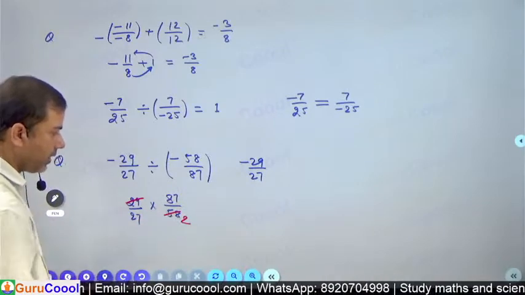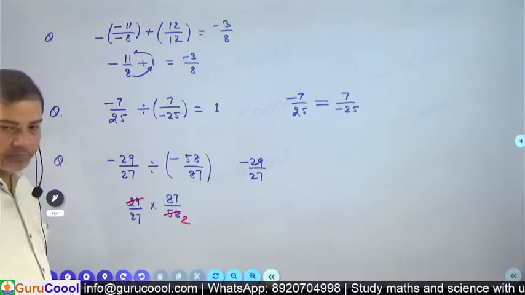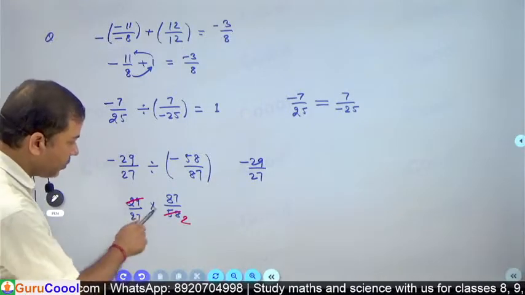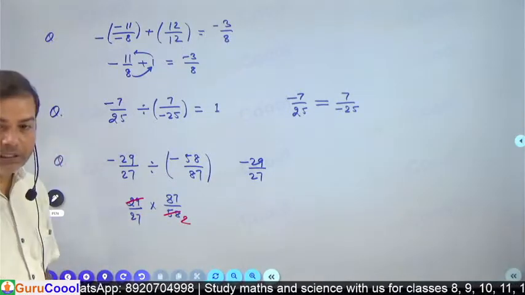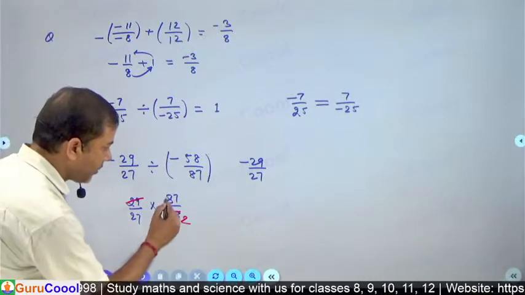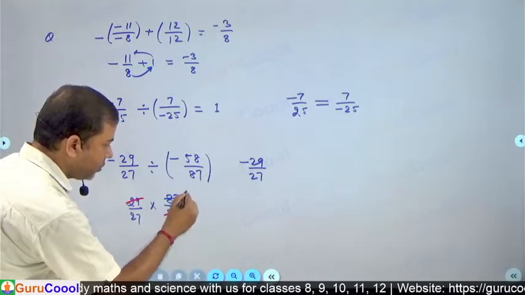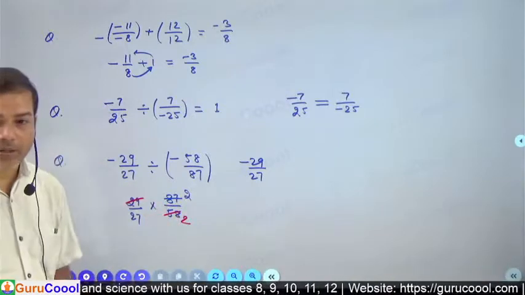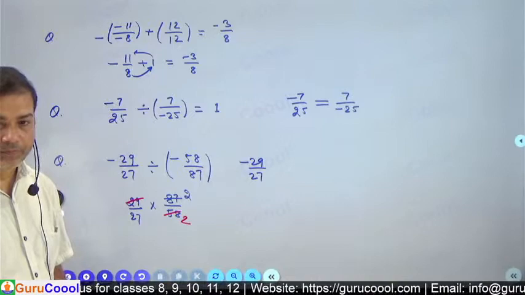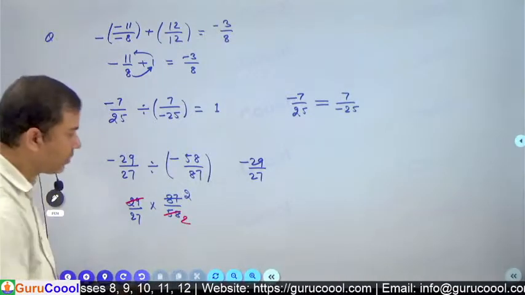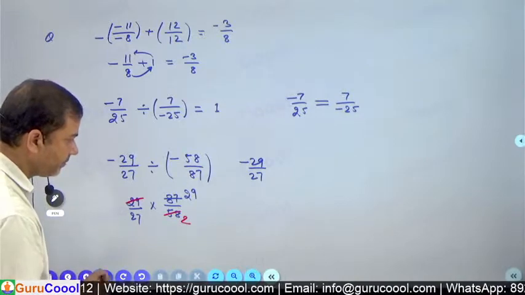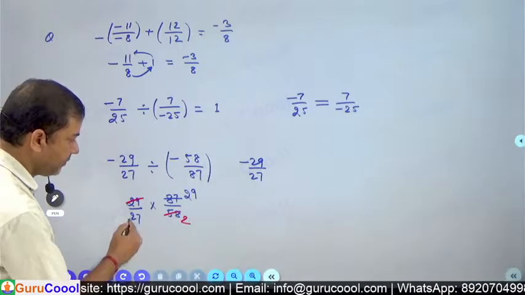Do you think we can cancel them out? Yes, sir. Both of them are cancelable by 3, right? Yes, sir. 3, 2 ja 6. 87 divided by 3 is? Sir, 29. And 27 divided by 3? 9.